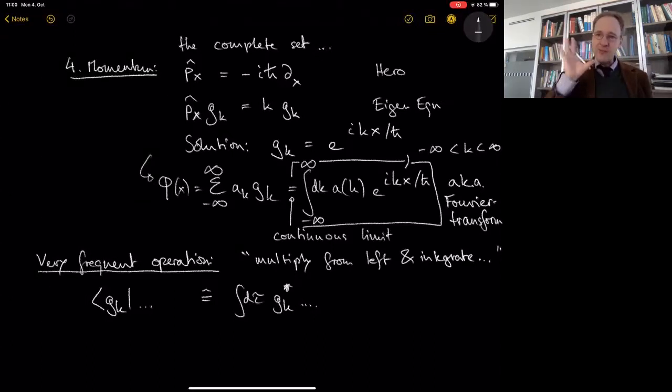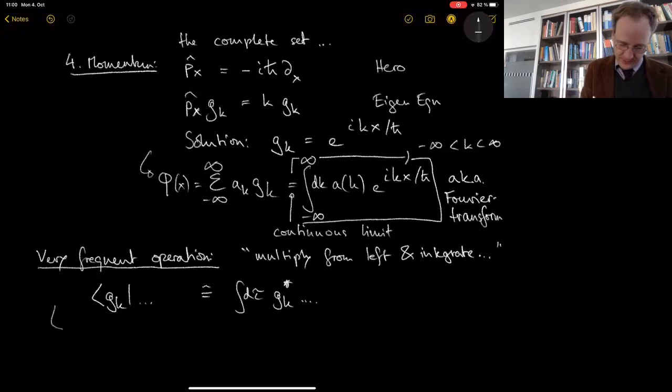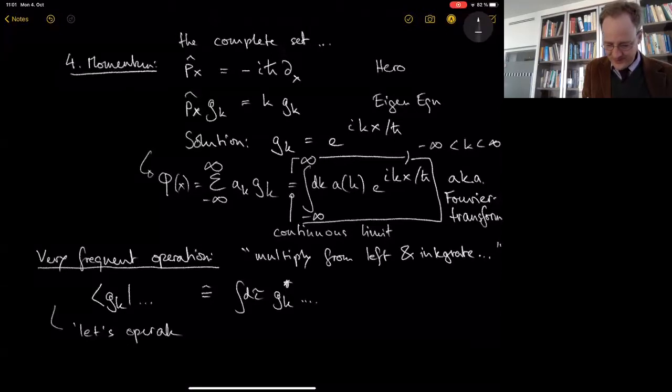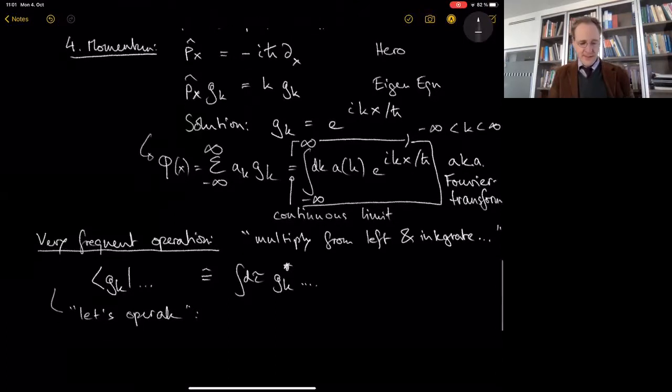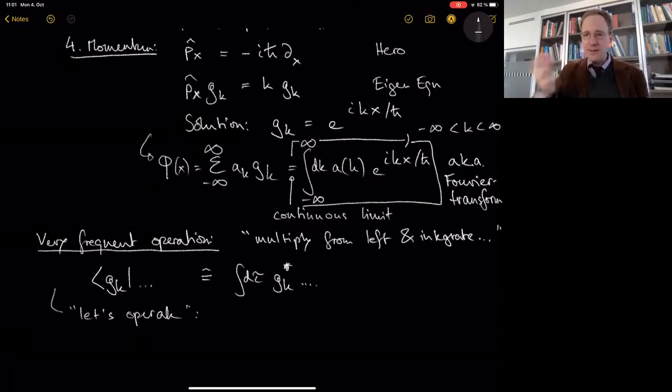Let's look at what happens if you do this operation to your CS expansion. So let's operate. You're now applying, it's like an integral operator.